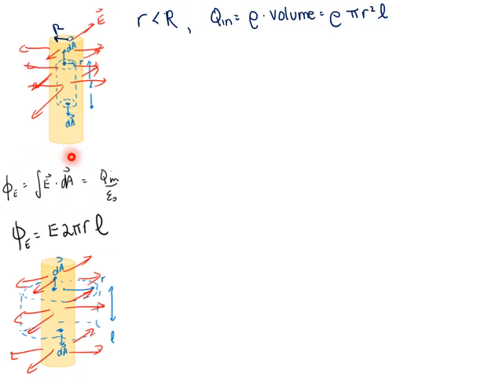Okay, let's put it together. The net electric flux is E times 2 pi r times L. It's equal to Q inside, rho pi r squared L, divided by epsilon naught. Let's see what cancels. We've got pi on both sides, so we'll divide by pi. Let's divide both sides by r.